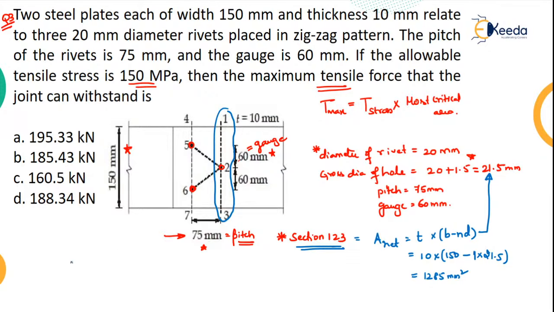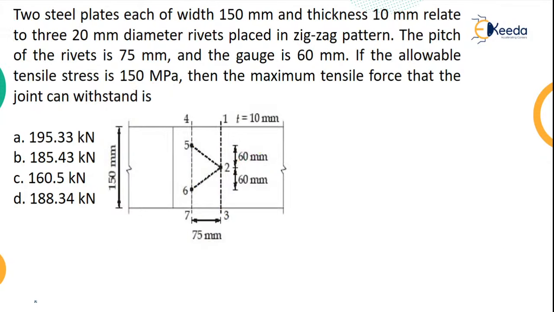The next section will be 4, 5, 2, 6, 7. We have to check all the sections and see which will be the most critical one. So for section 4, 5, 2, 6, 7, how will you calculate the net area?